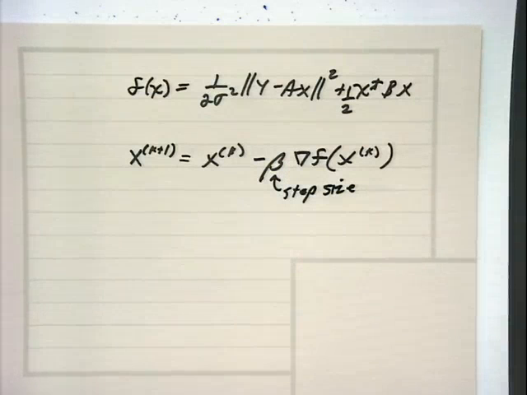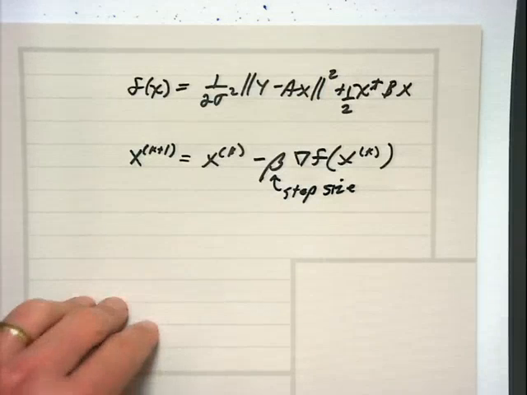Okay, and there's a trick on this, because if you pick a value that's too large, there's a problem.